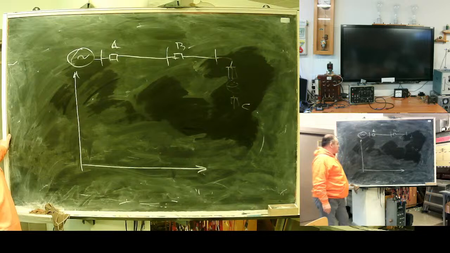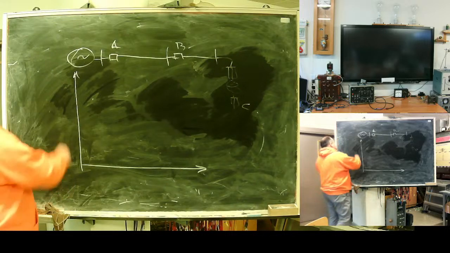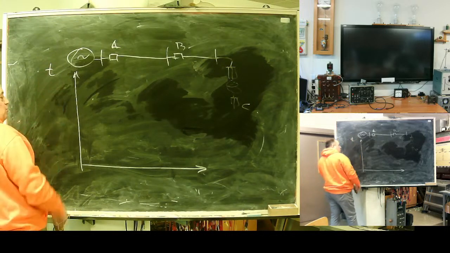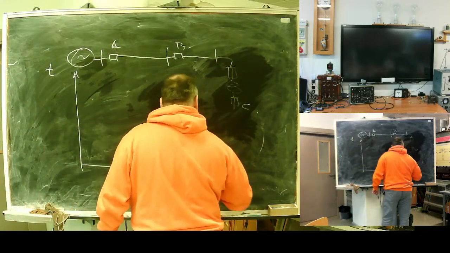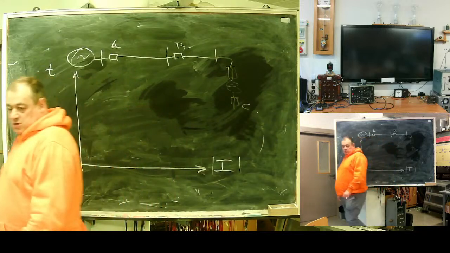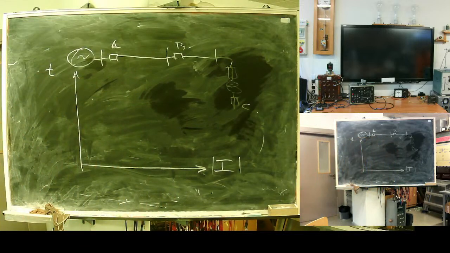It has its name. It's a selectivity chart. It's time of disconnection as a function of current, usually drawn in logarithmic scale.